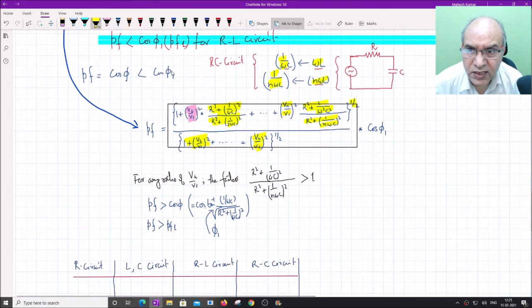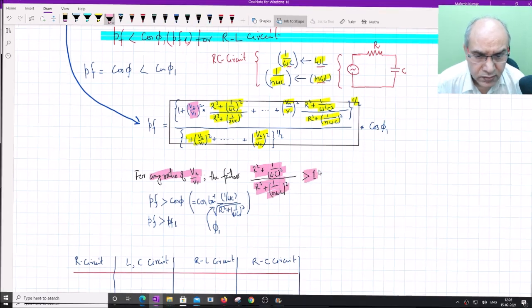Now we can see that for any ratio of bn to b1, the factor (r square plus (1 by omega C) square) divided by (r square plus (1 by n omega C) square) is always greater than 1.